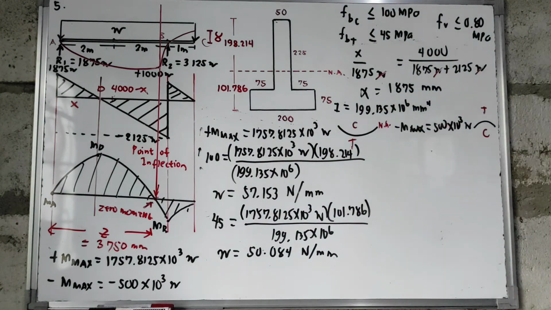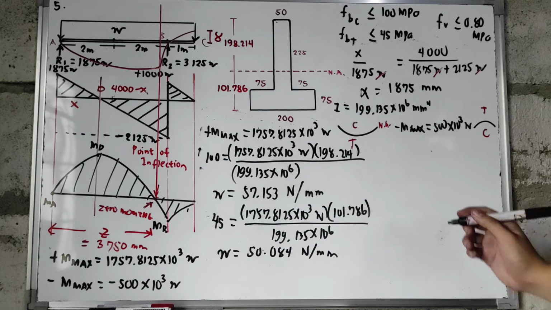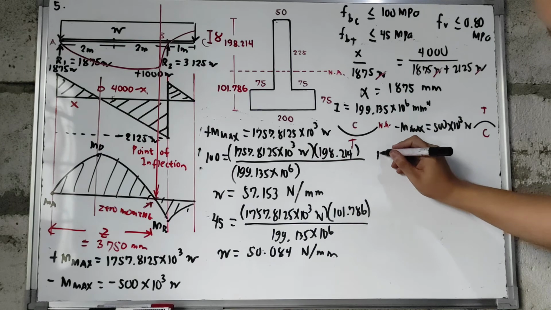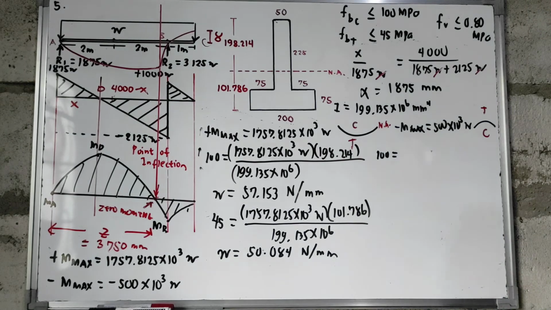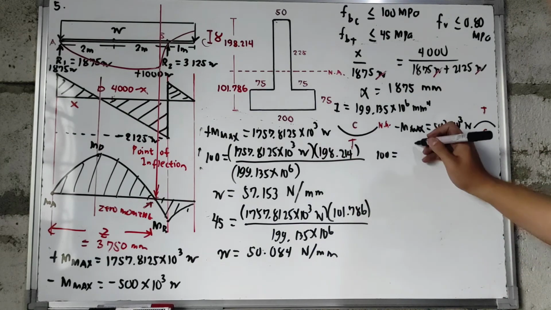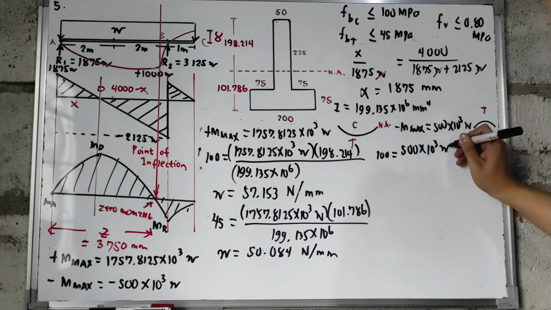So how about naman etong negative Mmax natin? Mangyayari lang naman yan is same lang naman yung allowable natin. So magkakapalit lang yung Mmax natin times 10 raised to 3W.